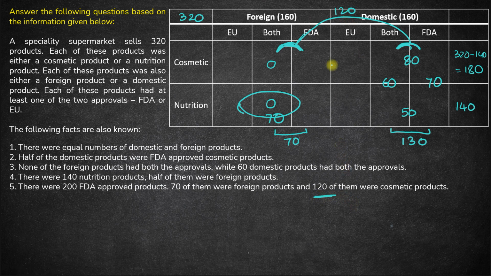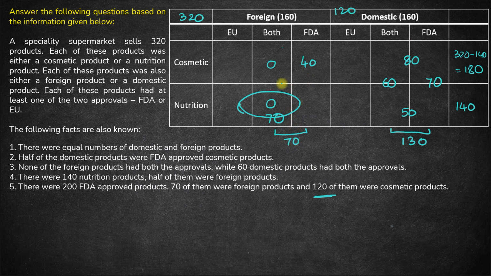Now if the sum of these four blocks is 120 and these two blocks combined are 80, these two blocks combined must be 120 minus 80, which is 40. Since this is 0, this here should be 40. Simple.